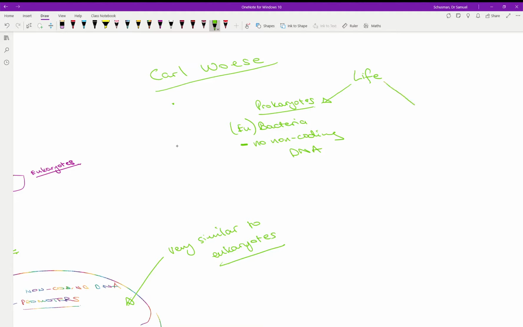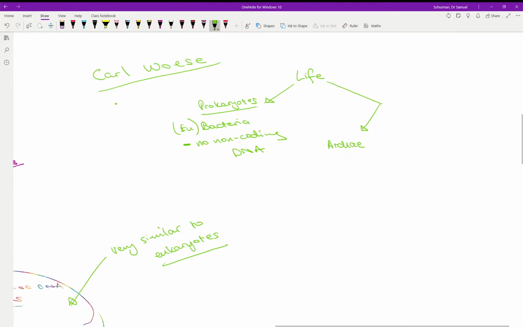Then we have this other branch which has non-coding DNA. And from that, we've got the archaea. And we've got eukarya. Our eukaryotes, our nucleated cells.